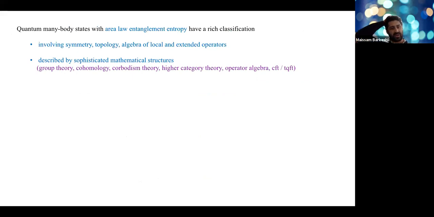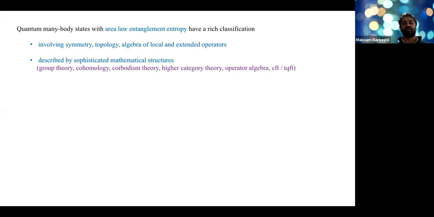So far we've discussed this volume law to area law transition, but from our experience in studying quantum phases of matter, we know that quantum many-body states which have area law entanglement actually have a very rich classification that involves symmetry, topology, and the algebra of operators.